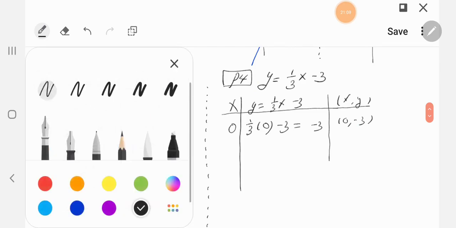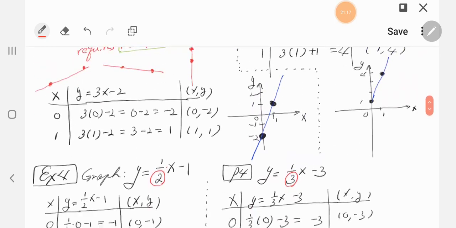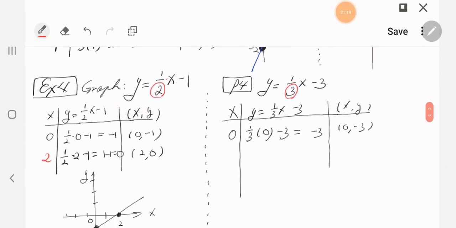Okay, and then we will do the same thing. The coefficient of x is a fraction, right? So we will use a multiple of 3, because of the denominator.